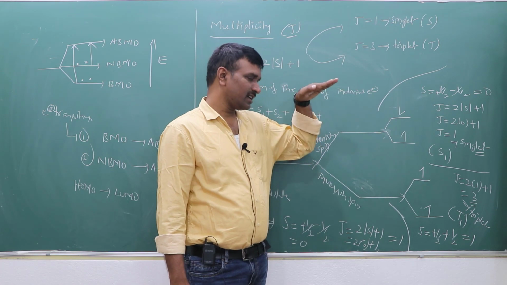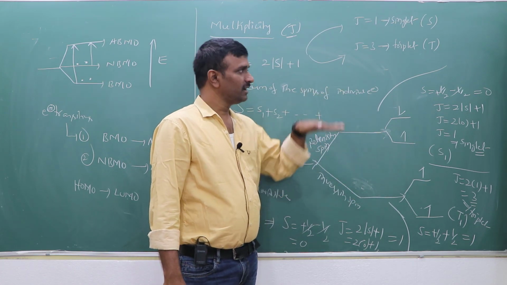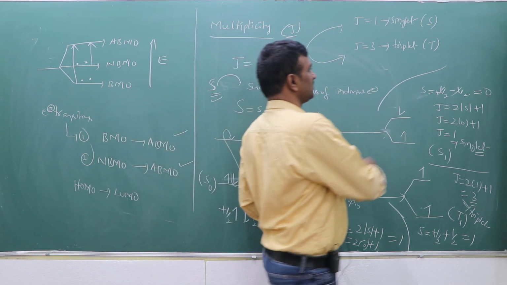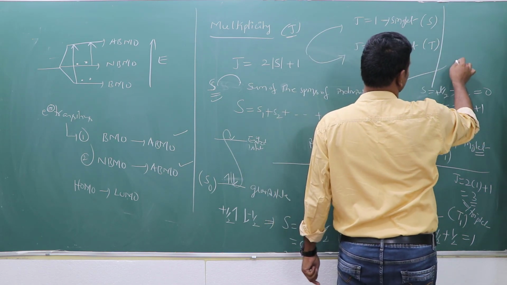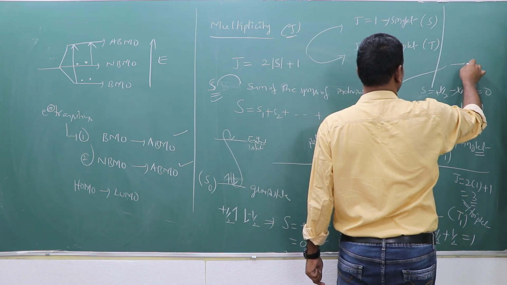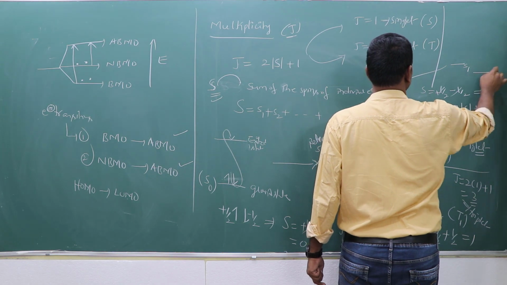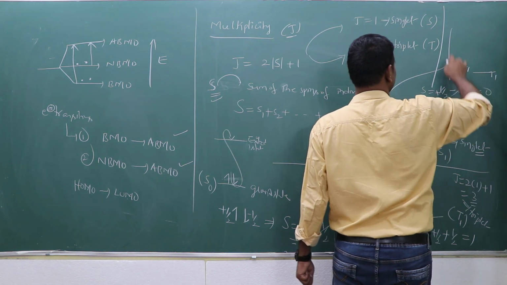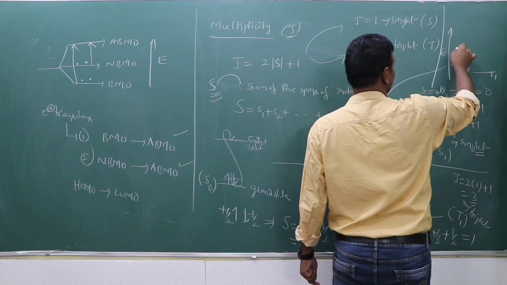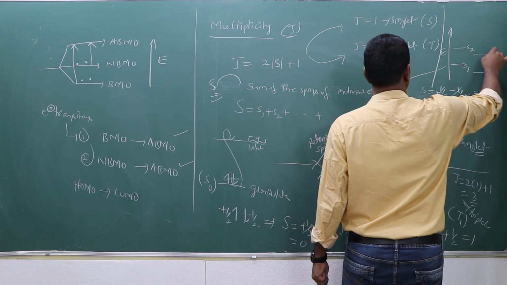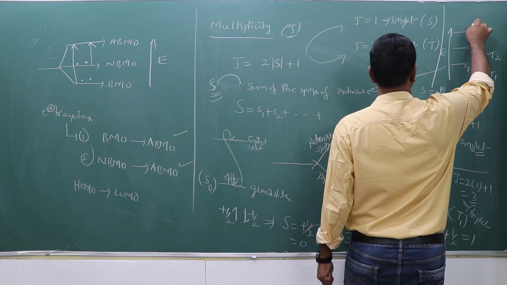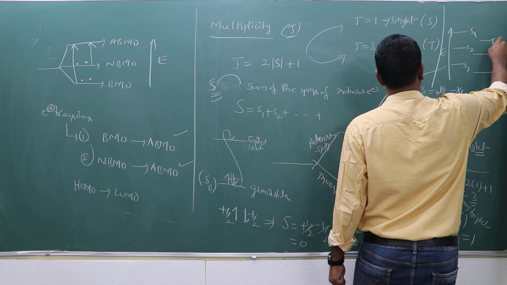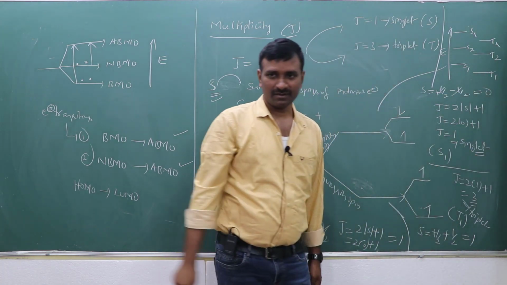S1 is considered as higher energy than T1, and S2 as higher energy than T2. So if it is S1, this is T1 on the energy axis; if S2, then T2; if Sx, then Tx.